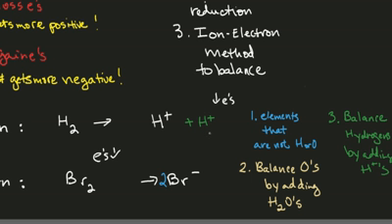So after we've balanced the hydrogens, then we have to balance the charge. So here we have a +2, and here we have a 0. So that means to balance the charge, I would need an addition of 2 electrons there. Balancing charge by adding electrons.